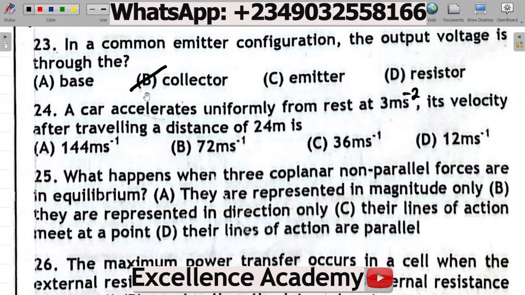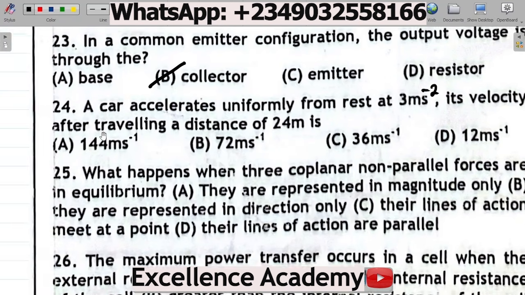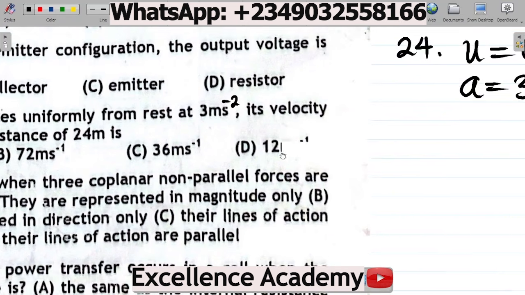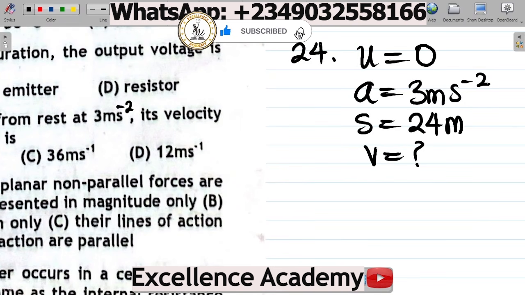So you're given acceleration a as equal to 3 meter per second squared. They said its velocity after traveling a distance of 24 meters, so distance s is equal to 24 meters. Its velocity is unknown.